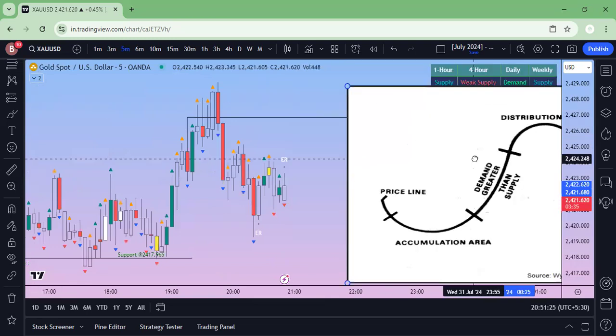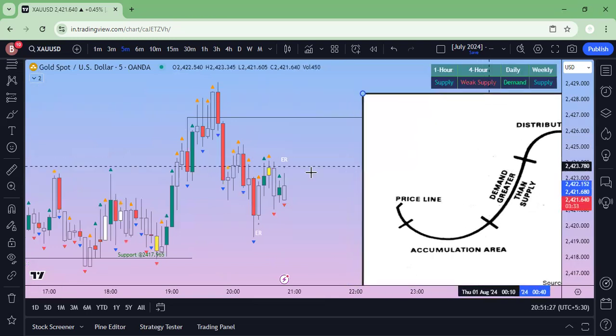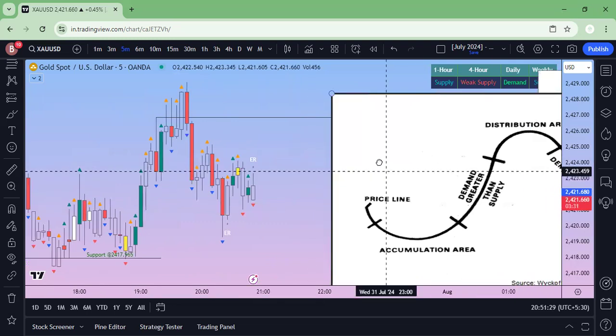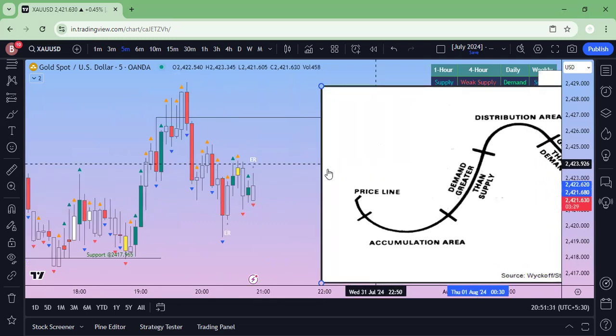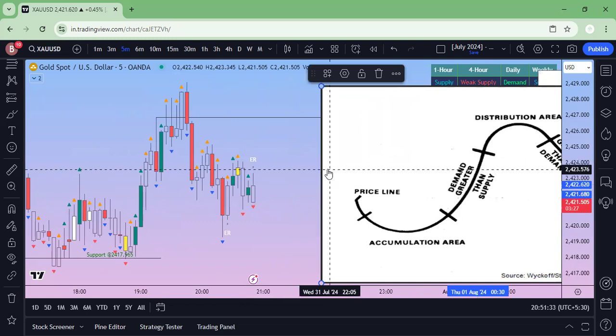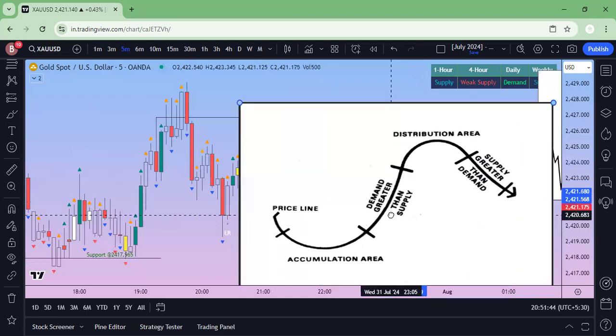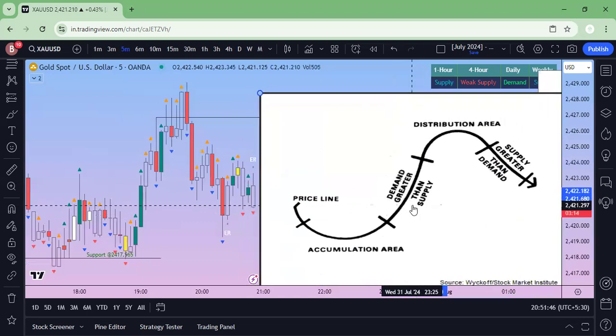Nothing fancy, because many people are not well versed with numbers and they want things to be in a simpler way. So this is what I have come up with, purely based on Wyckoff.